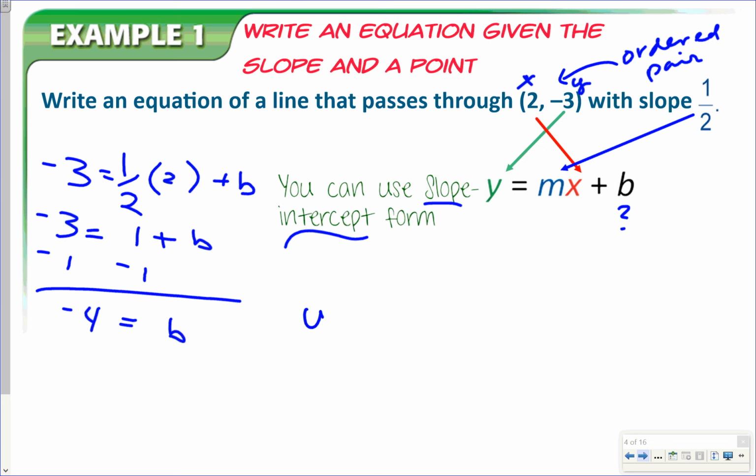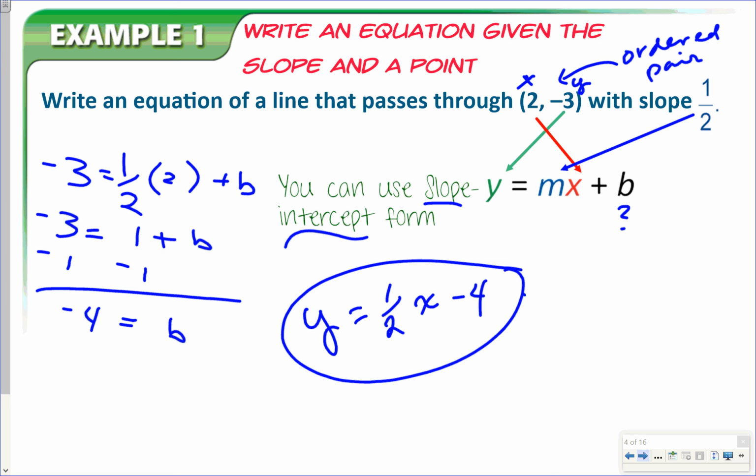I need to rewrite it as y equals x minus 4, right? This is my answer. Okay? Any questions? Anybody need more time to copy that down?